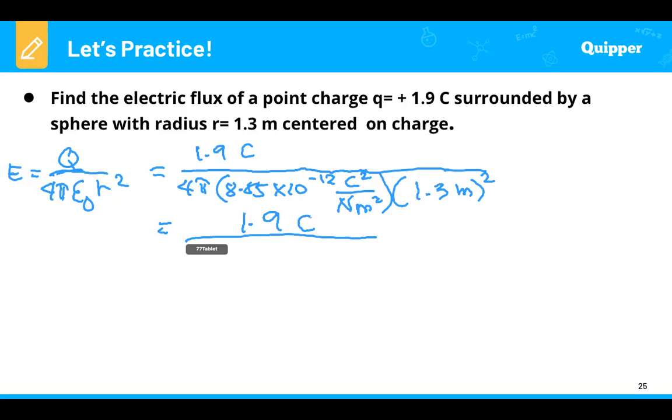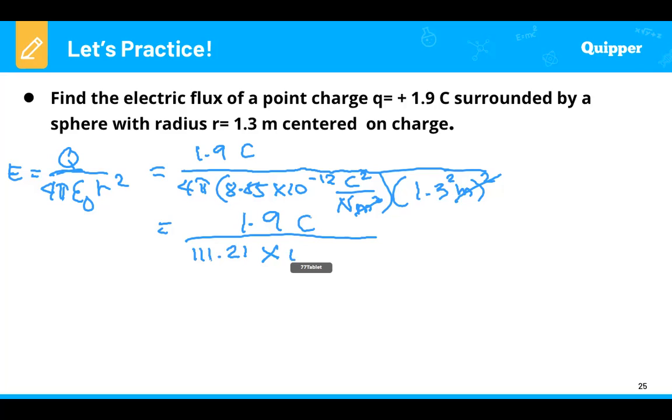For the lower part, again, I will cancel the m squared, and the 1.3 is still squared. The answer for that one is 111.21.